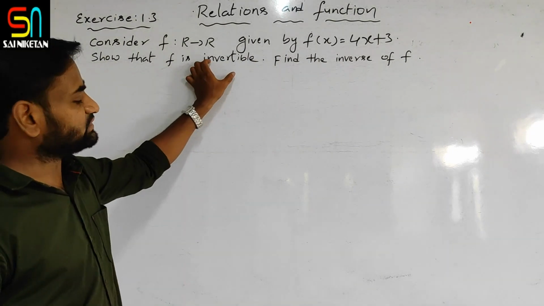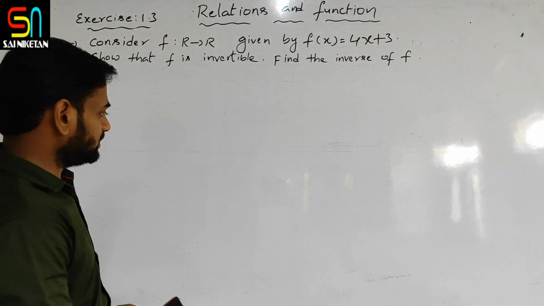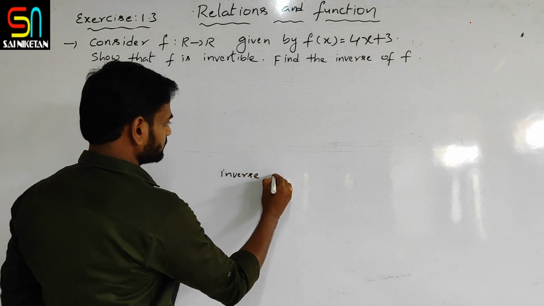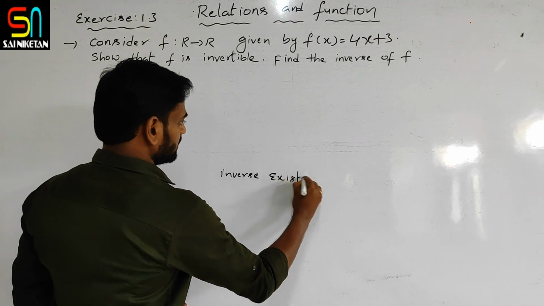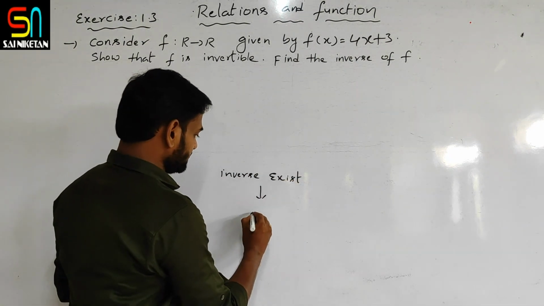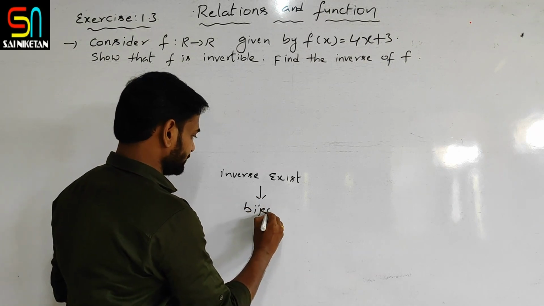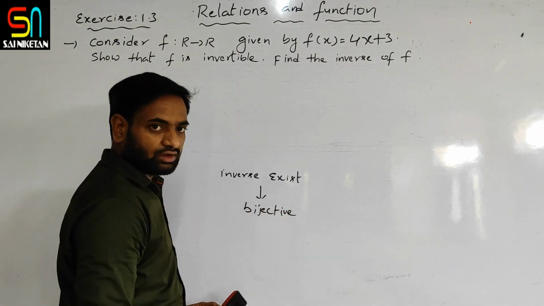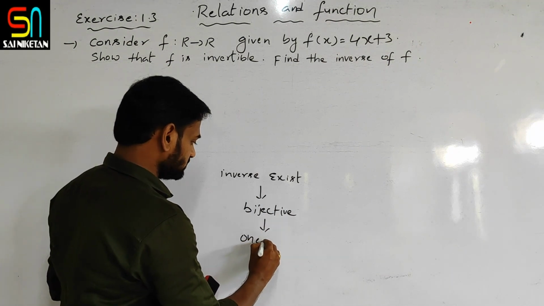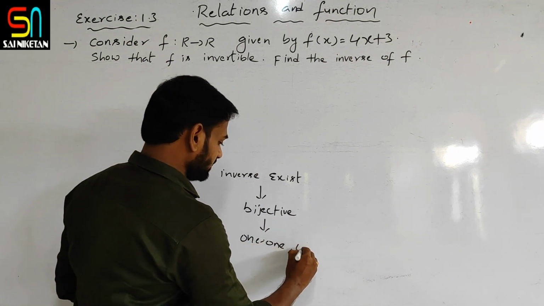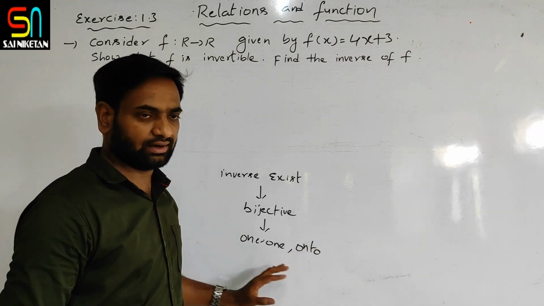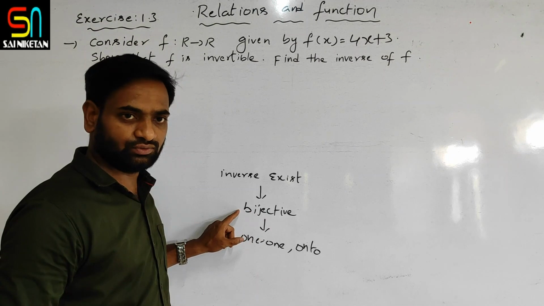How to prove it is invertible? There is a condition here. When will the inverse exist? When the function is bijective, when it is both 1-1 and onto.